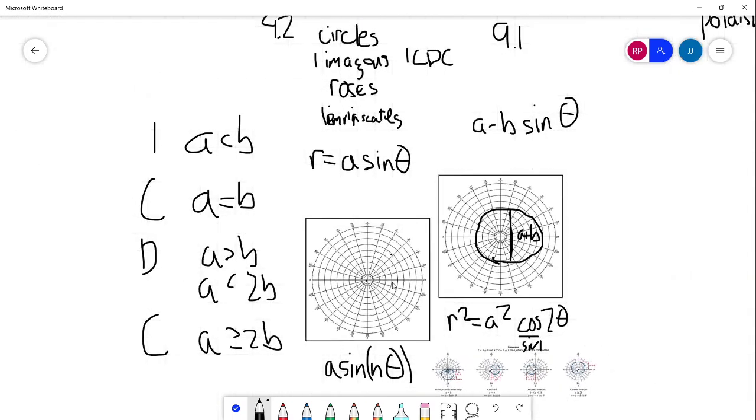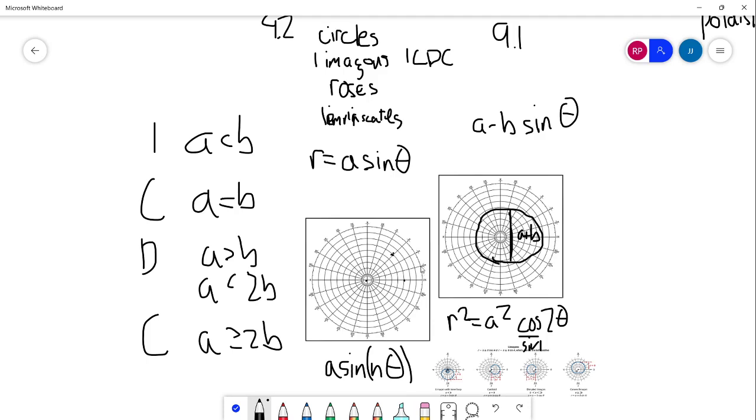Okay, so for evens, when you have sine, they're all going to be centered around pi over 4, and when you have cosine, it's going to be centered around 0, like on the lemniscate.